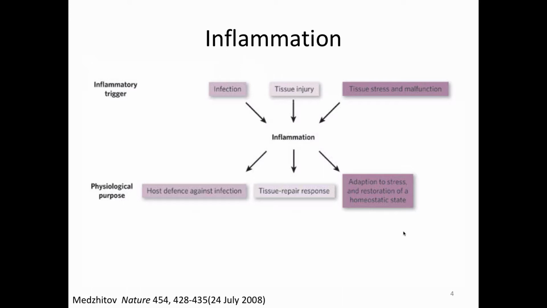Inflammation can happen as a result of infection, as a result of injuries like wounds, or as a result of tissue stress. And if things are going well, this inflammatory response is going to give you defense against your infection. It's going to help with tissue repair, and it's going to help you return to homeostasis. So all of this is actually a really, really good thing.